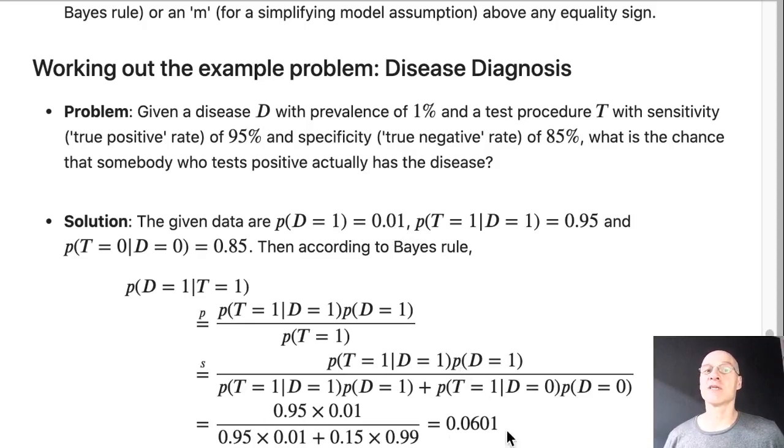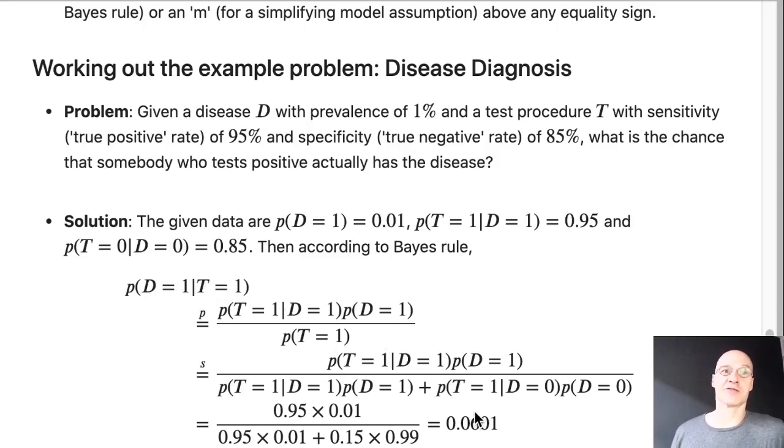What you get is basically a 6% chance. So that is very different from this term here. The probability that the test comes out positive if I have the disease is 95%, but the probability that I have the disease if the test comes out positive is only 6%.